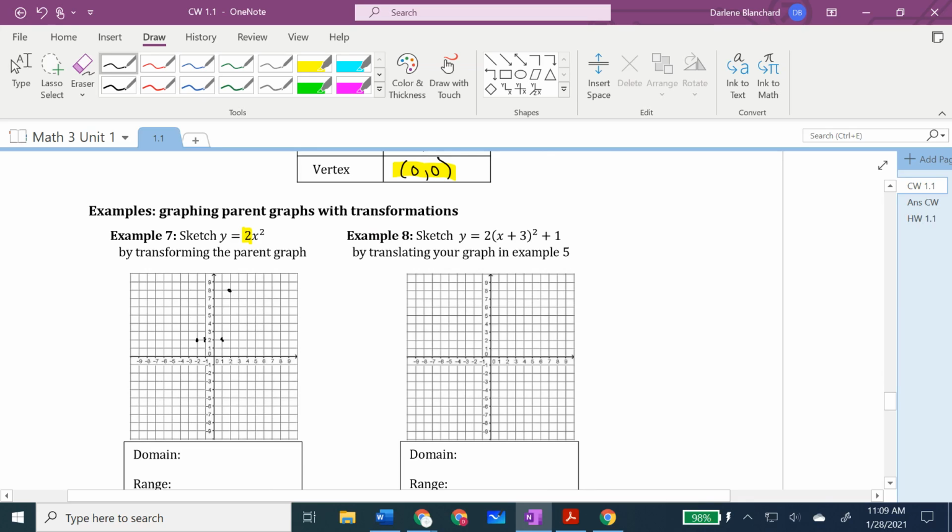And I just realized I plotted that in the wrong spot. And then the vertex has a y coordinate of 0. 0 times 2 is still 0, and that will then stay right where it is.